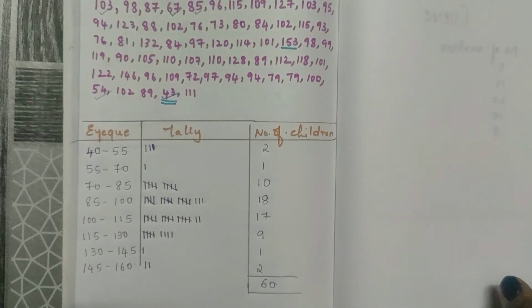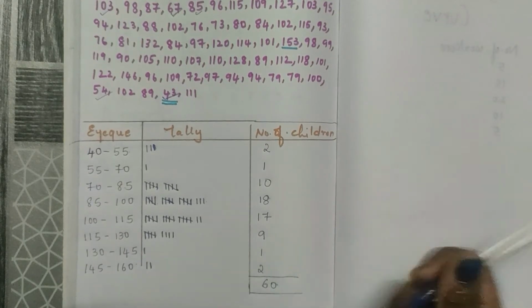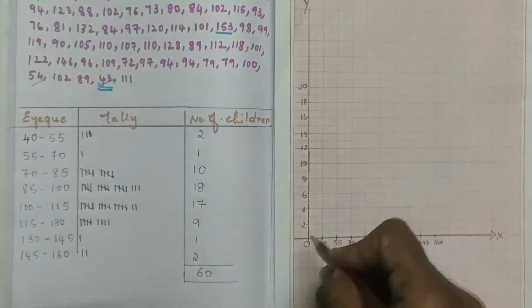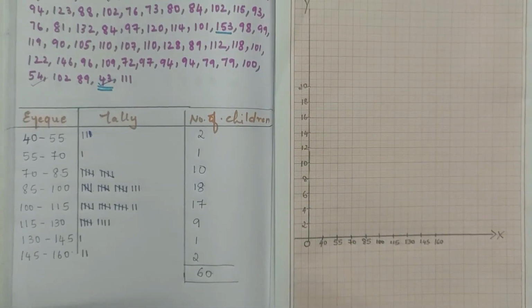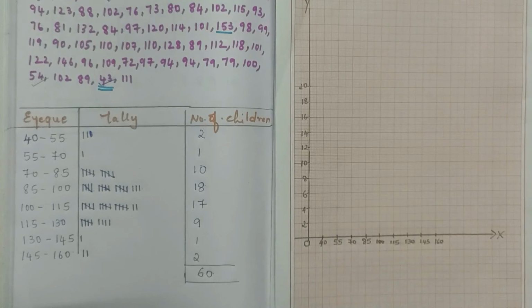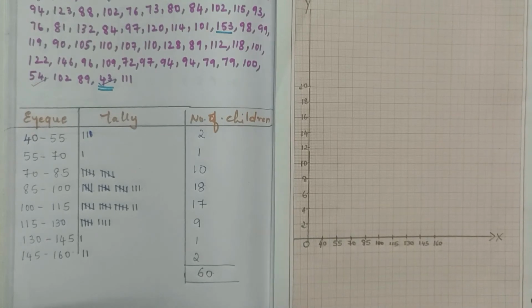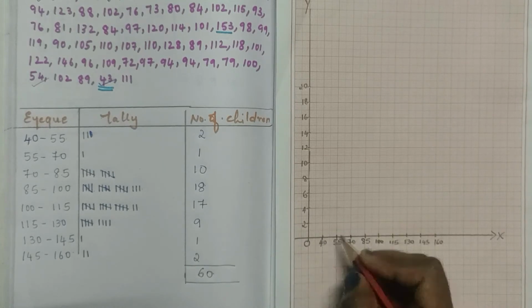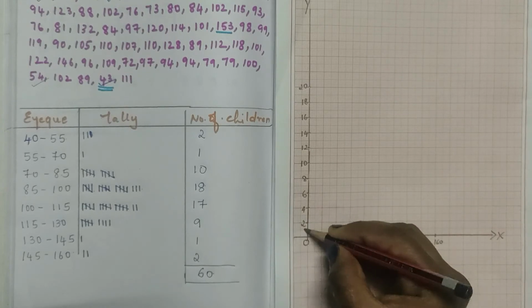Now I will teach you how to plot this into a bar graph. I have already drawn the x-axis and the y-axis. On the x-axis I have taken from 40 to 55 because the question says the width is 15. So I have taken 1 centimeter is equal to 15 units on the x-axis, and on the y-axis 1 centimeter is equal to 2 units.